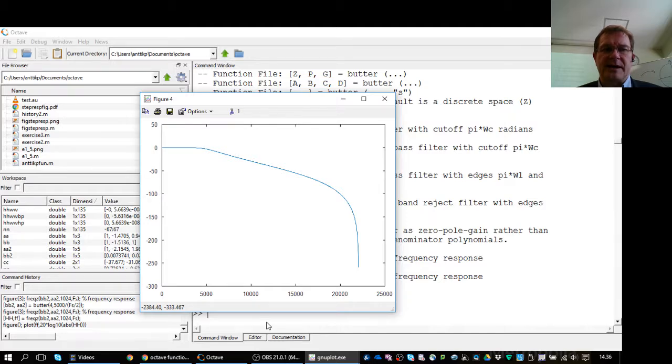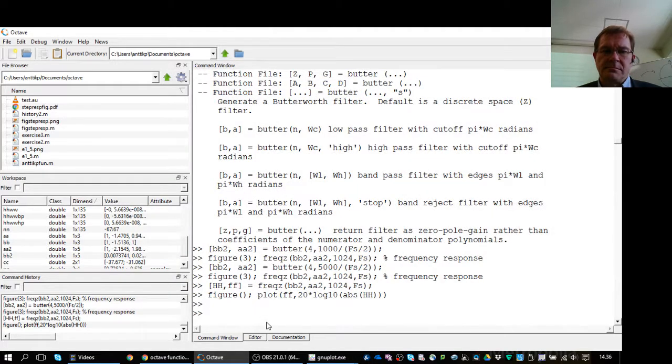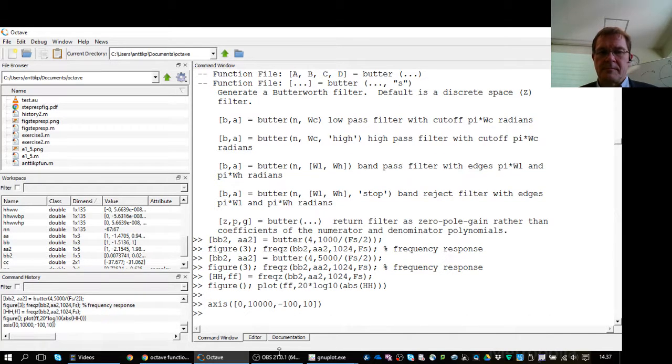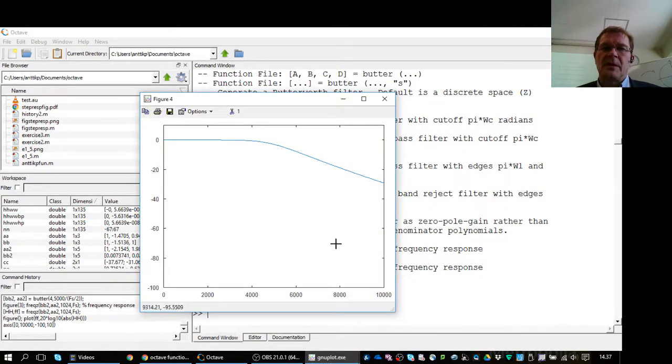And now I can do the axis. There you go. A little bit too much. But anyway, we have 5 kilohertz cutoff frequency for the Butterworth design.